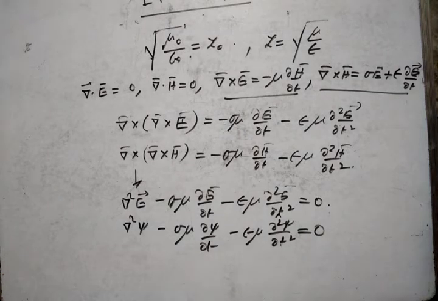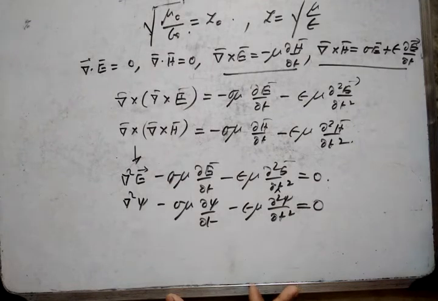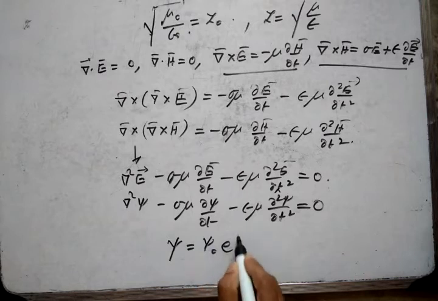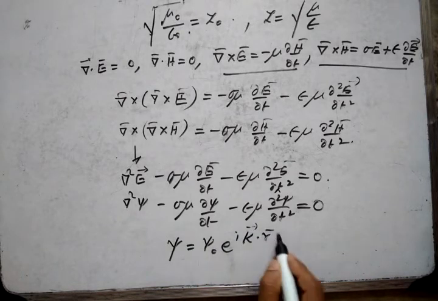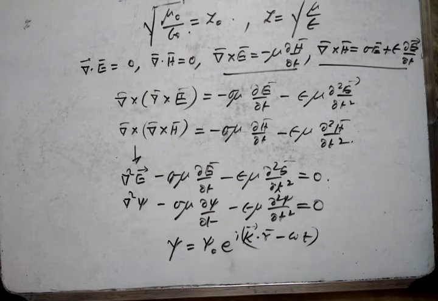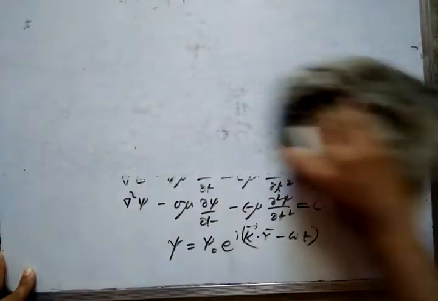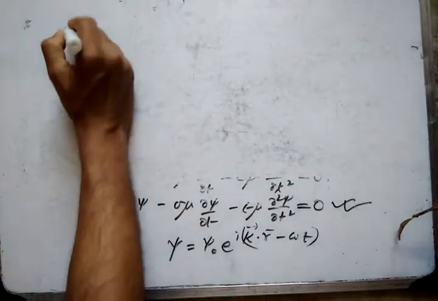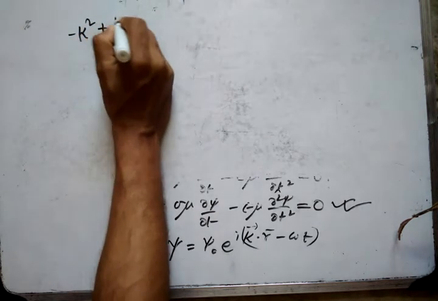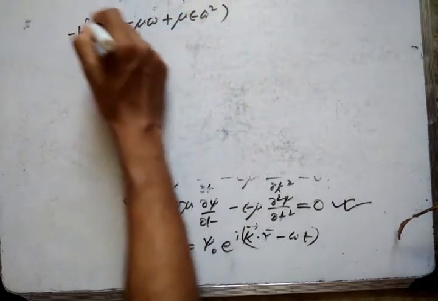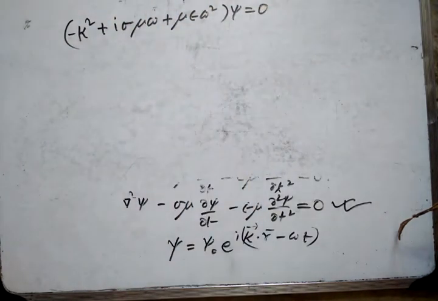Now, considering the transverse field in the conducting medium, we can take the solution psi equals psi 0 e to the power i (k dot r minus omega t). Substituting this plane wave solution in the differential equation, we get minus k square plus i sigma mu omega plus mu epsilon omega square, times psi, equals 0.